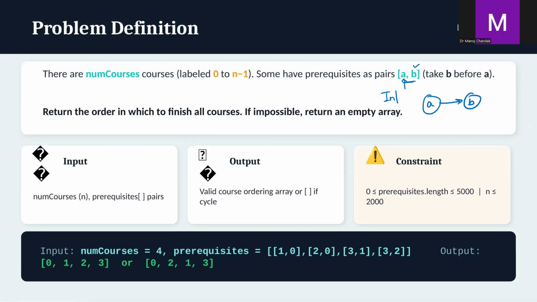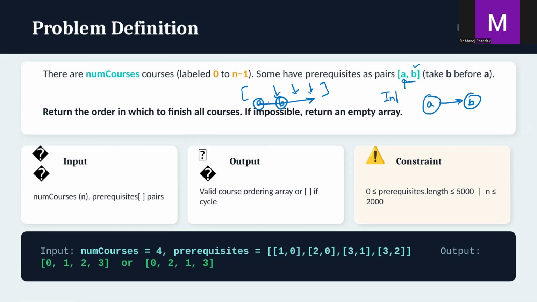And once we are done with the generation of a sequence, we can say that we have generated a sorted sequence which has the prerequisite resolved. For example, if I am taking course B and I have prerequisite A, then the sorted sequence will be like this, A and then B.